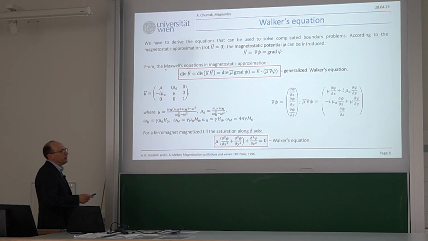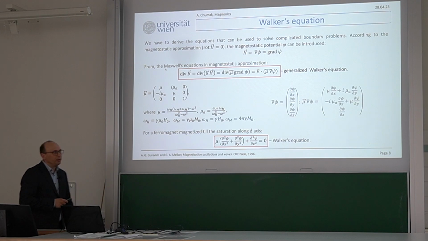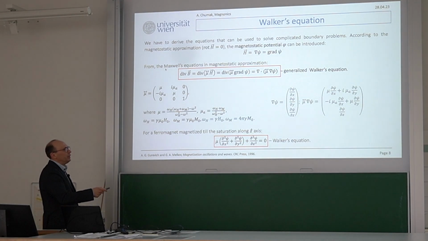You can immediately see that the first term, d2 psi over dx squared, comes from here when you differentiate over x. The second term comes from the second derivative over y from here, and mu stays in front. These two terms disappear because they are the same, but after differentiation, one over dx and one over dy, they have different sign.